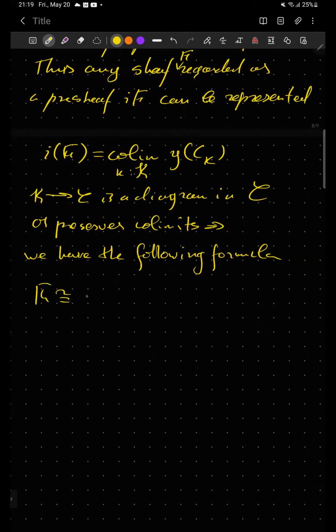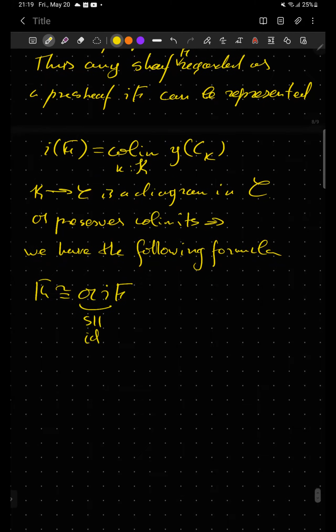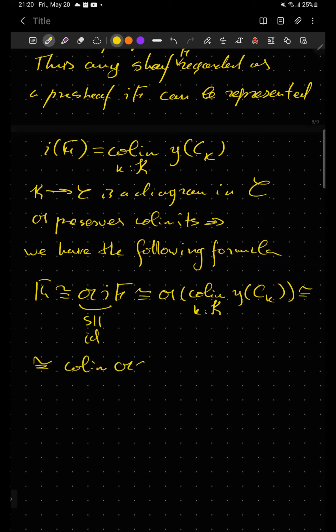F is isomorphic to aiF because ai is isomorphic to the identity on sheaves. This in turn is isomorphic to the colimit of aiCk, which is in turn isomorphic to the colimit of aYCk.